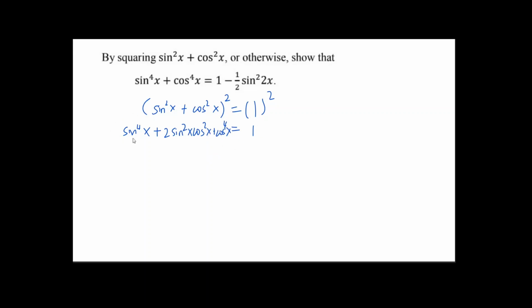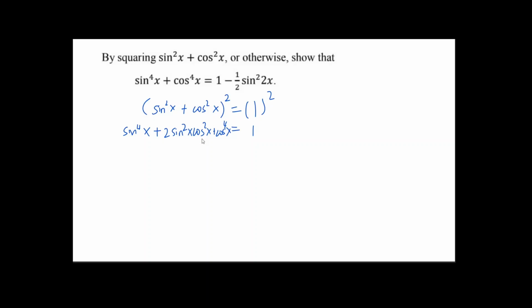When we look at this, what we want to show on the left-hand side of this identity is sin^4 x + cos^4 x. So if I look at this, I know that sin^4 x + cos^4 x will be equal to 1 - 2 sin^2 x cos^2 x.